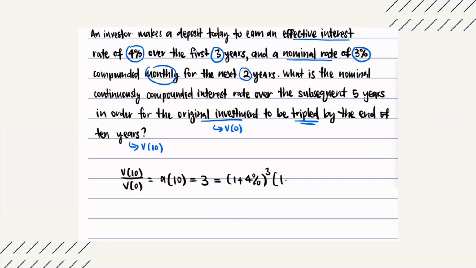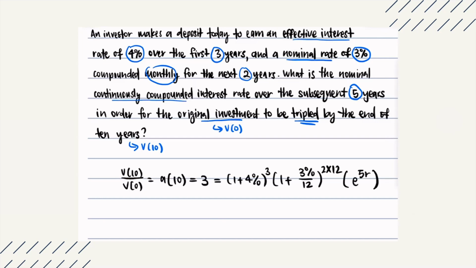That would be 1 plus 3% divided by 12 to the power of 2 times 12. Here, p is 12 because it's compounded monthly. And finally, for the last 5 years, it is being compounded continuously. And for that, the accumulation function is e to the power of 5 times r%.